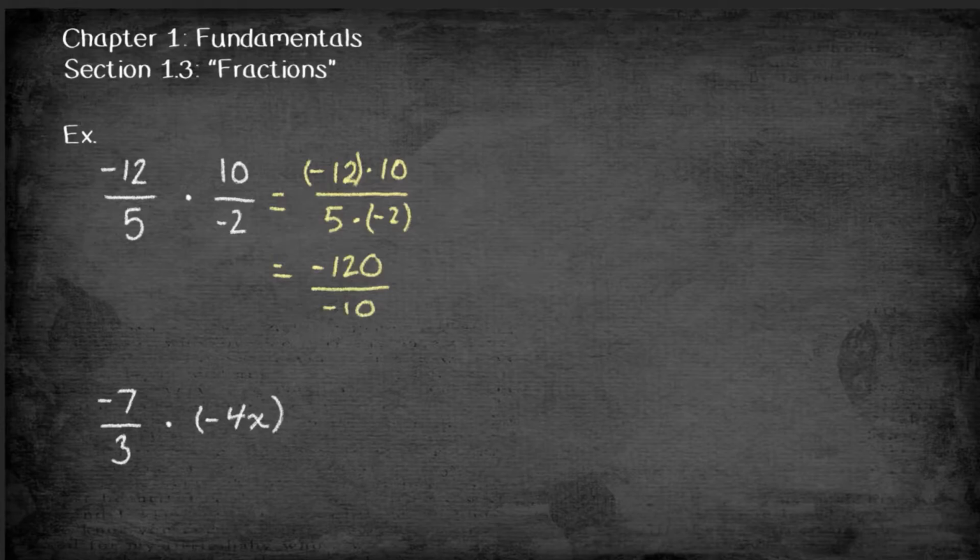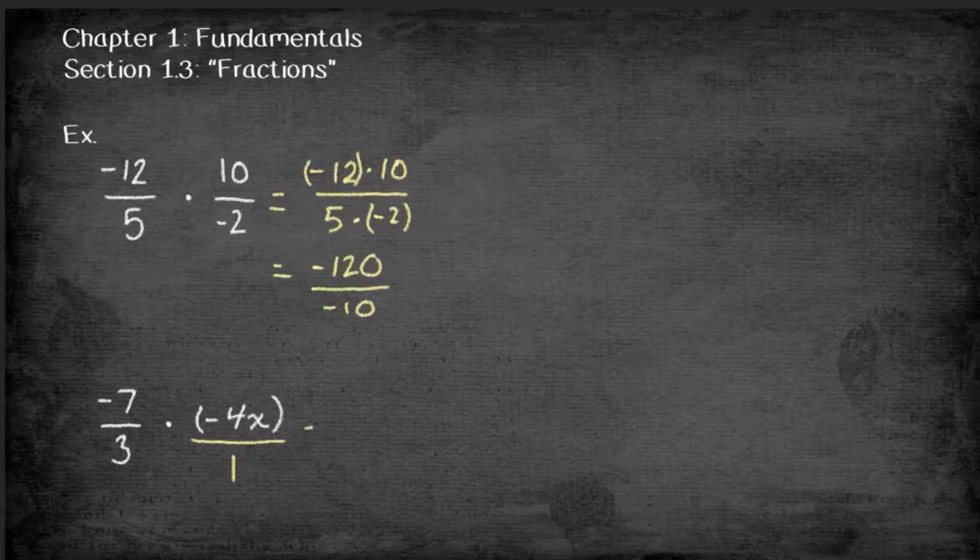Next up, we have negative 7 over 3 times negative 4x. It might seem a little bit strange because the first number here is a fraction, and then this second factor in the product is not a fraction, but it's just a normal algebraic expression. The way that we get around this is to just simply imagine that the negative 4x is a fraction, but the denominator of the fraction is just 1.